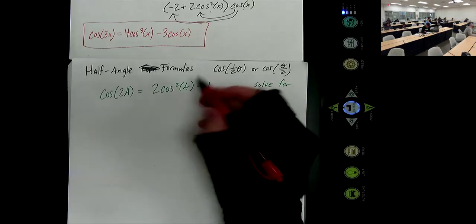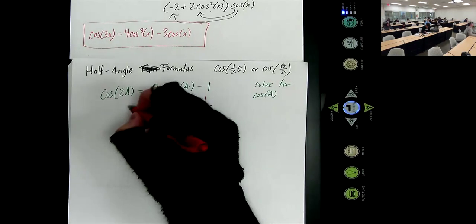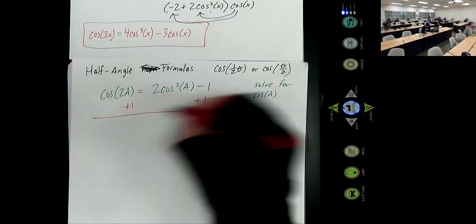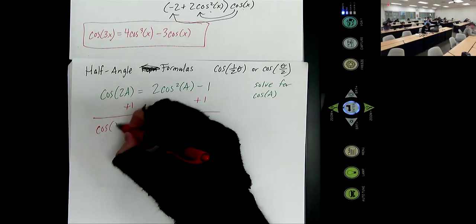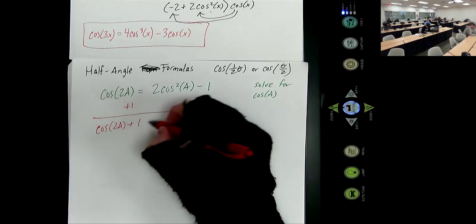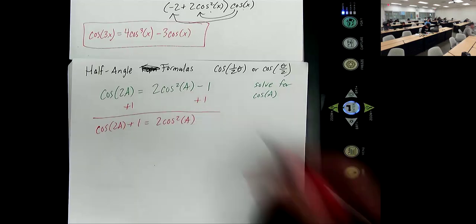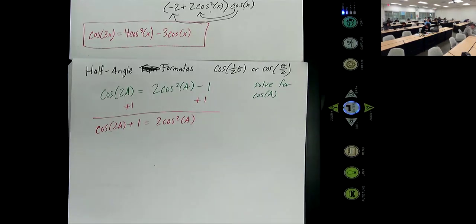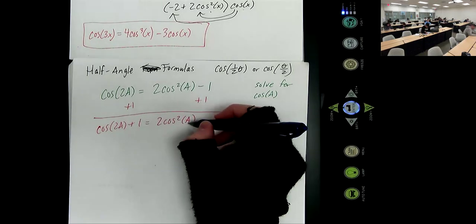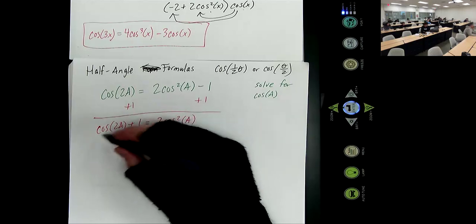So if I wanted to do that, I could add 1 to both sides. And I would get cosine of 2a plus 1 equals 2 cosine squared a. And then I'm trying to get cosine a by itself, so the next thing to do would be divide by 2.